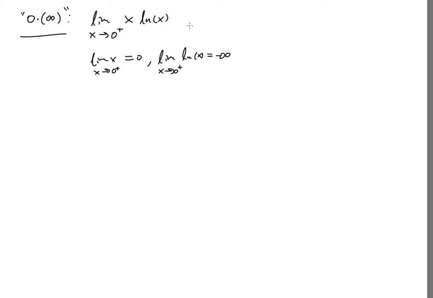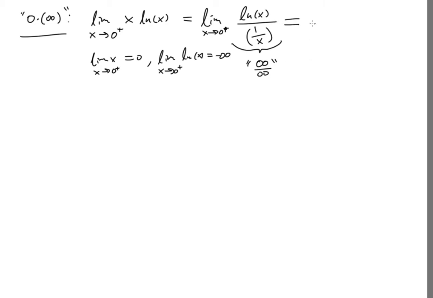But what we're going to do is modify this by doing a slight change to the algebra of the expression. Natural log is going to stay where it is, but now we're going to take the function x and make it a ratio, 1 over x in the denominator. Now, what we have here is actually an infinity over infinity case, which we can use L'Hopital's rule on.